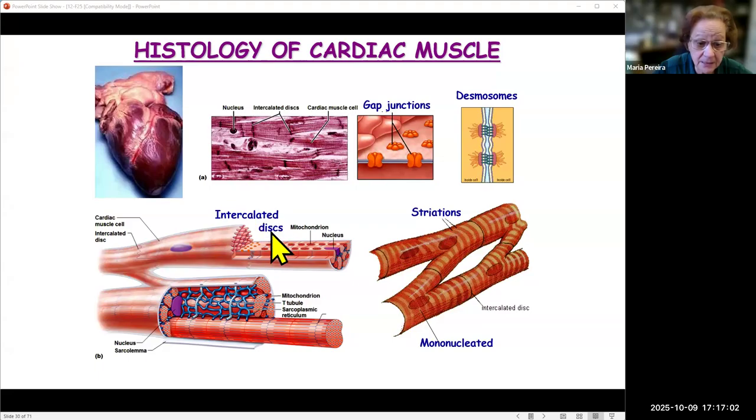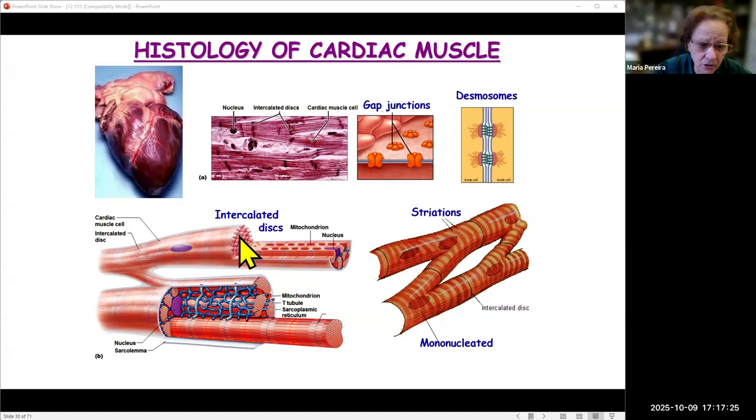And at these areas, the intercalated discs, they have a lot of desmosomes. Desmosomes are formations that contain proteins that are like Velcro, that allow stretching of the cardiomyocytes, but they don't come apart. It prevents them from separating from each other.